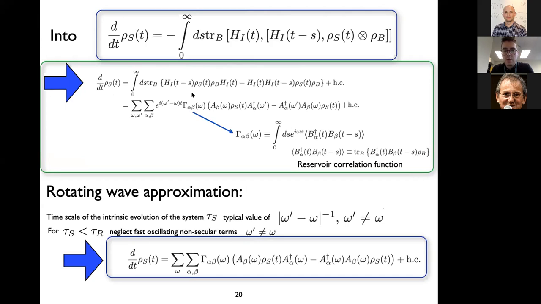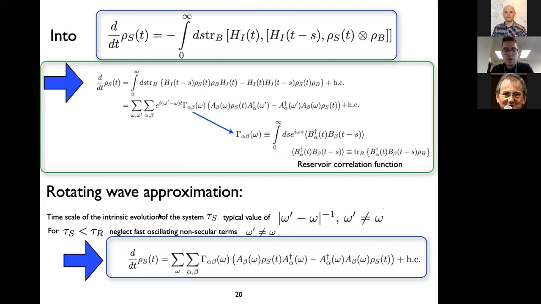And as I previously talked about, these reservoir correlation functions are defined as follows: they're just the expectation value of operators of the environment evaluated at two different times. Again, to emphasize, this time dependence is generated through an interaction picture transformation. And these coefficients are basically the one-sided Fourier transform of the reservoir correlation functions.